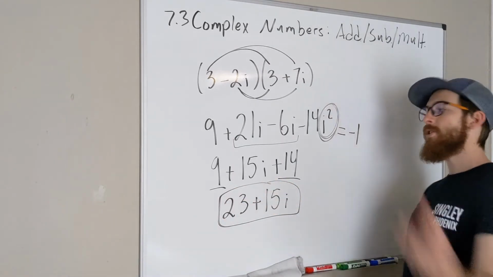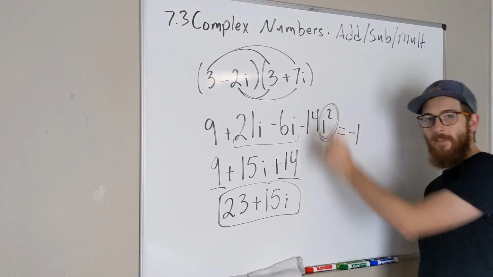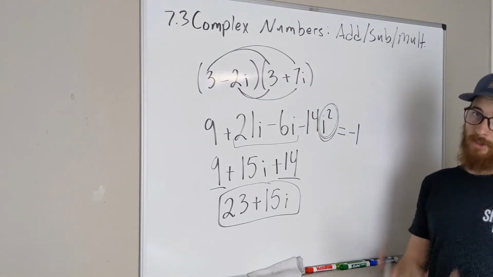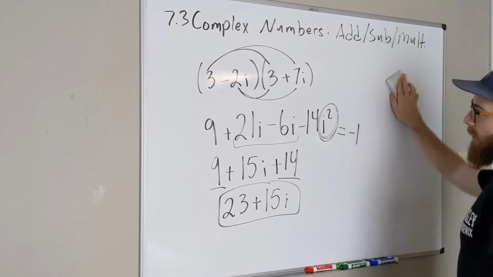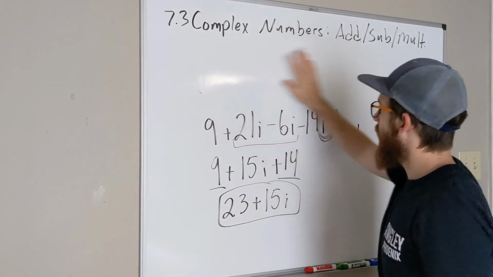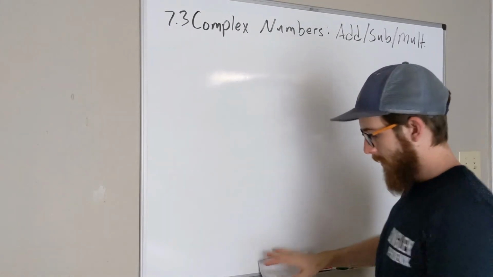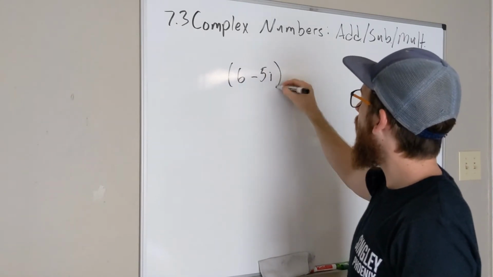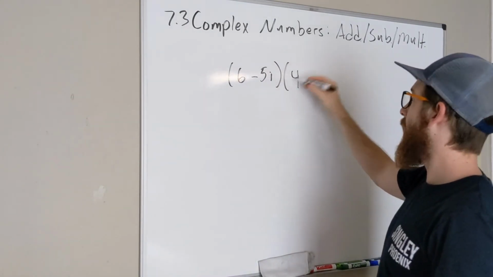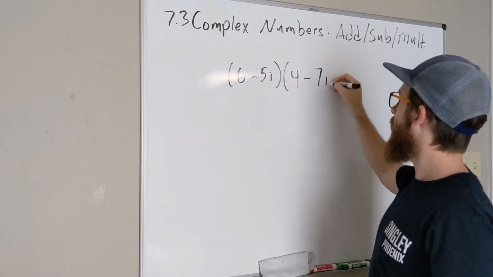So every time you see i squared, you need to multiply negative 1 times whatever that i squared is attached to. Every single time. So let's do this again. We have 6 minus 5i times 4 minus 7i.